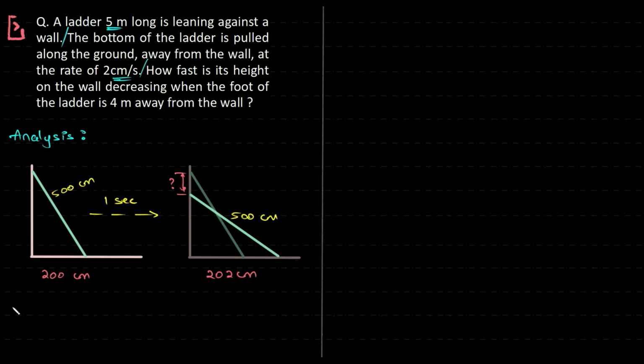Now, the whole funda is that the fall along the vertical has to be linked to the movement along the horizontal. How will we link it? Think. That's the main funda. If you think about this, then it will make sense.